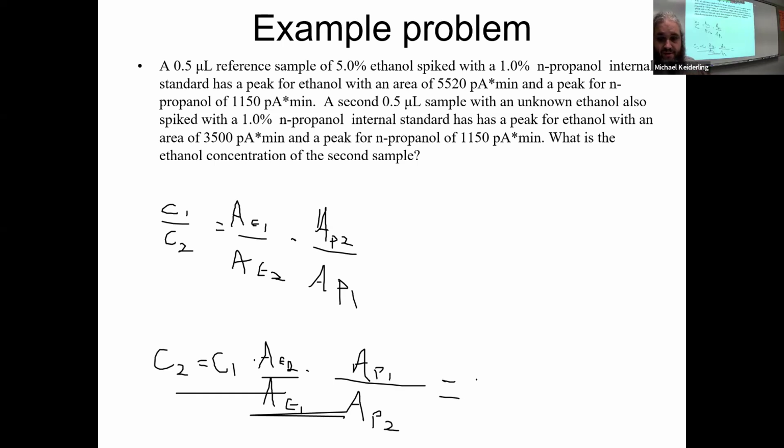So that's going to be 5% times 3,500 over 5,520, and then times 1150 over 1150.